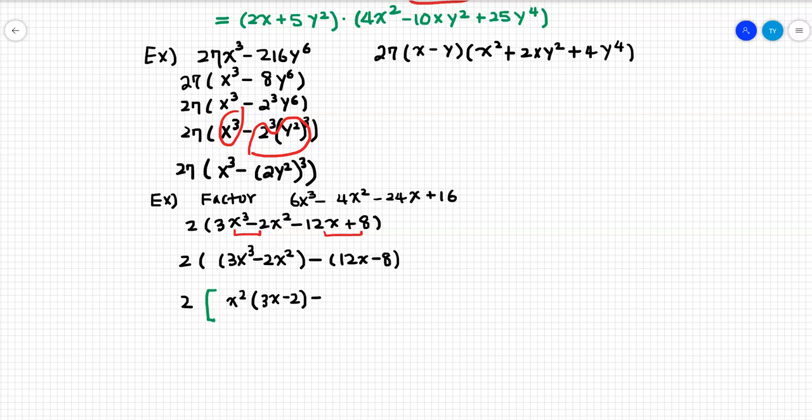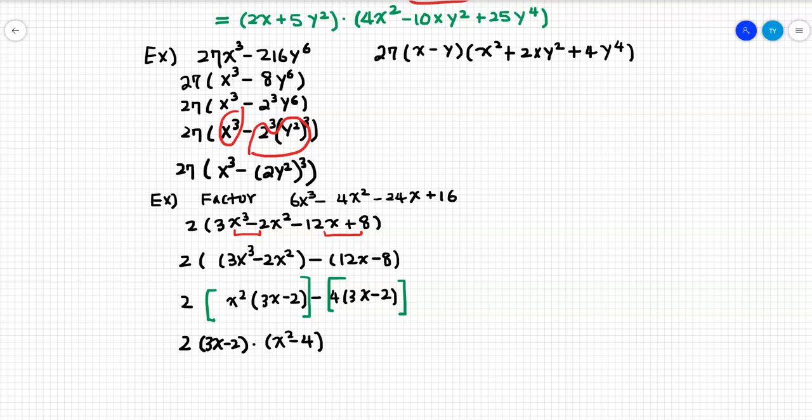Now the common factor of the 12x minus 8 is just going to be 4, so that will be 3x minus 2, right? If you look at the two green brackets, you can see that 3x minus 2 is going to be your common factor. So 2 times 3x minus 2, and the other one is going to be x squared minus 4. So that's going to be the factored form.